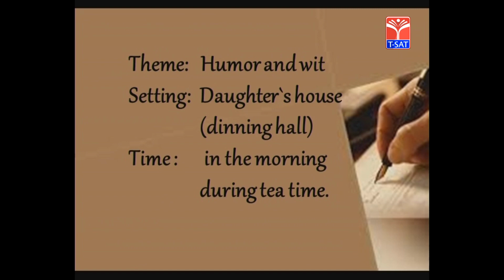Next, setting. Here we find only one setting, that is daughter's house. It is Amelia's house, that too the dining hall. And the third one is time. So, as you know, when the story goes on, we find it in the morning, that is during tea time. It is very clear they have tea when they come.